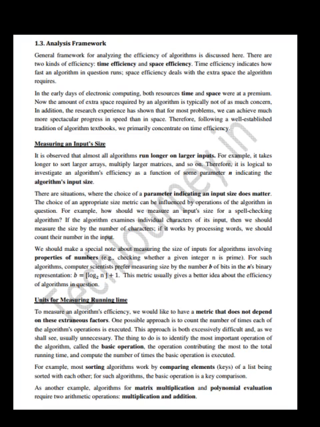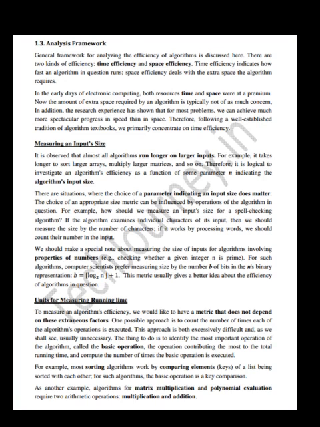This approach is excessively difficult and, as we shall see, usually unnecessary. The thing to do is to identify the most important operation of the algorithm, called the basic operation, the operation contributing the most to the total running time, and compute the number of times the basic operation is executed.